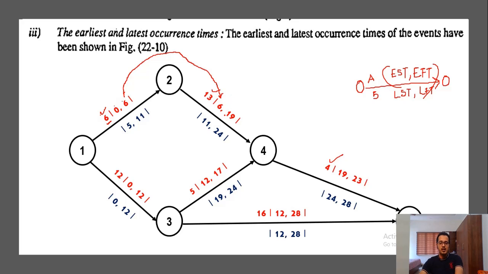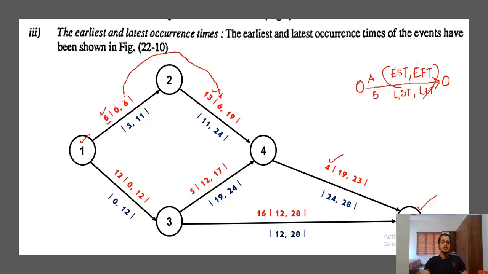In this manner we complete all the forward pass steps, and once we reach event 5, we consider the backward pass technique and go back to the first event 1. In the forward pass we get the values of EST and EFT, and in the backward pass we get the values of LST and LFT.